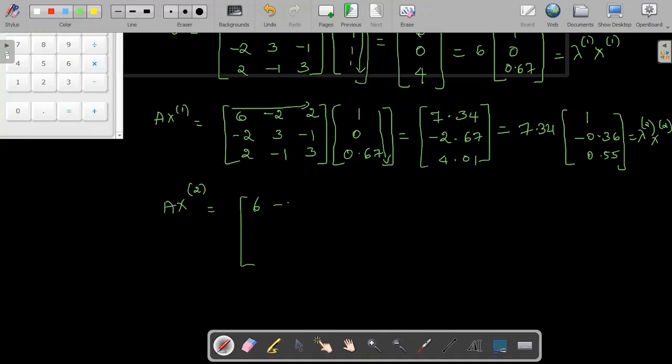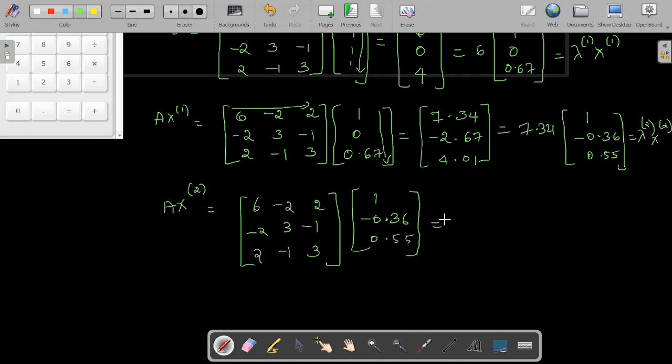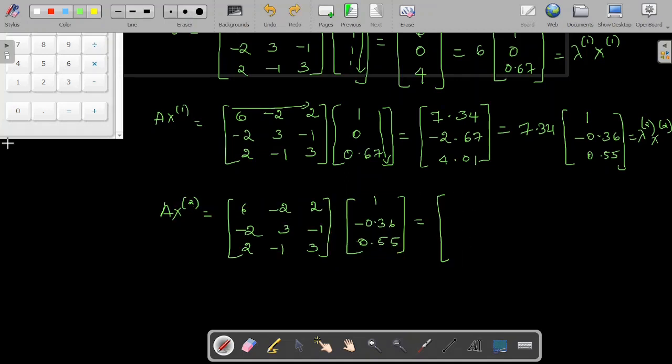So 6, minus 2, 2; minus 2, 3, minus 1; 2, minus 1, 3 into the previously obtained approximation, that is 1, minus 0.36, 0.55. This gives you 7.82, then minus 3.63, then 4.01.